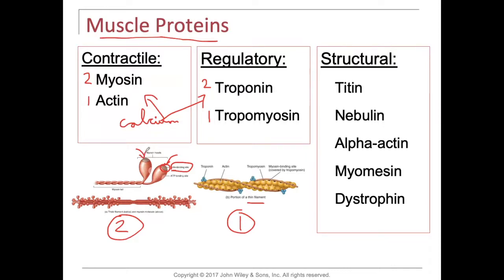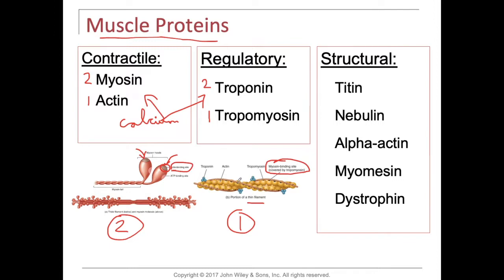It implies that this tip of the myosin head has to articulate somewhere on actin. It's going to, or looking for, this location right here that I'm circling, called the myosin binding site.